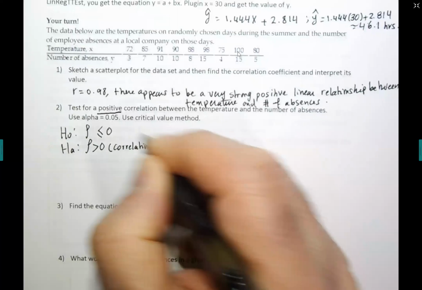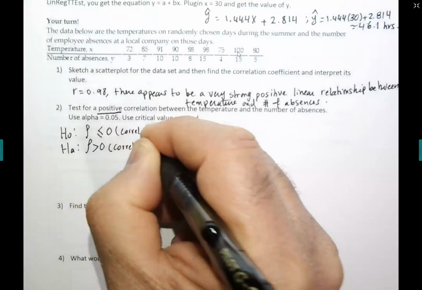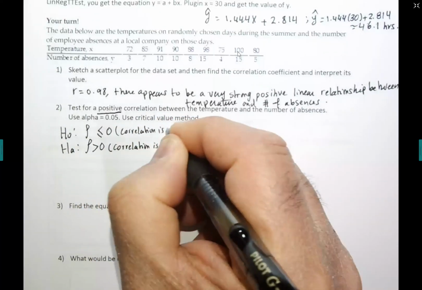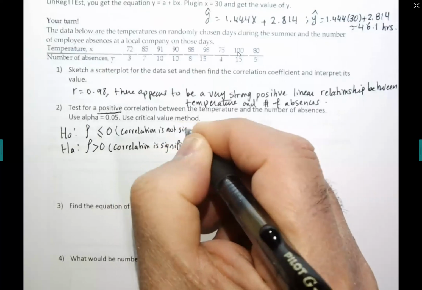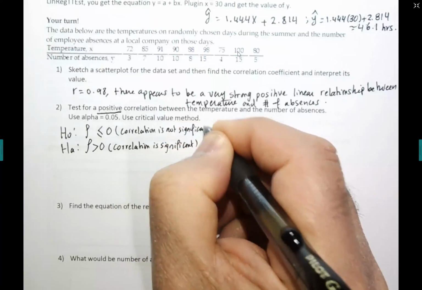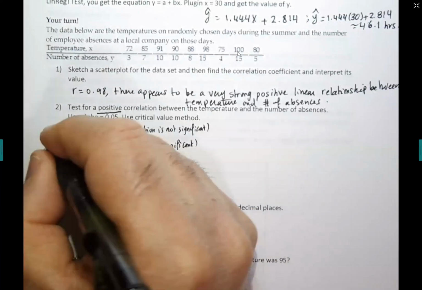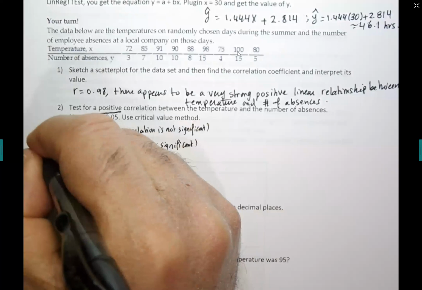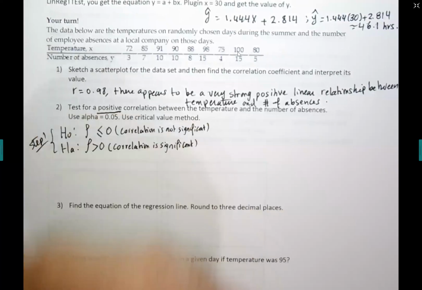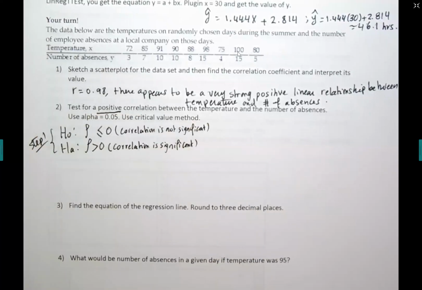And here you write correlation is not significant. That's step number 1. Step 2.